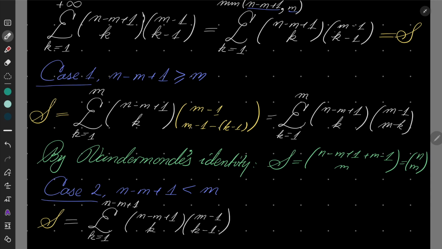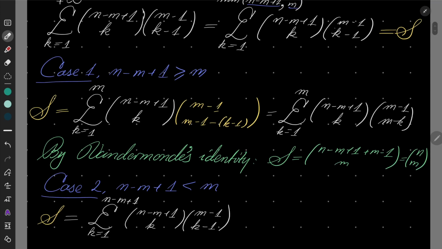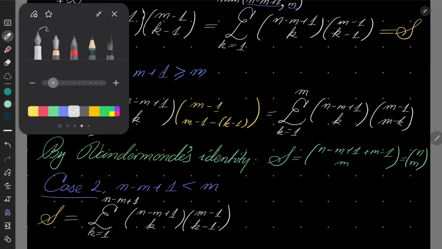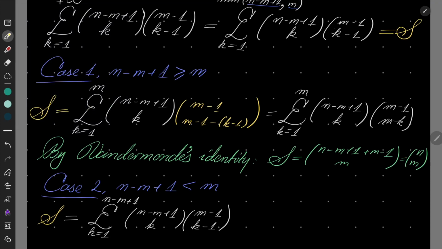Now, in a similar manner, I can change this first binomial coefficient. It's the same as n minus m plus 1 choose (n minus m plus 1 minus k).